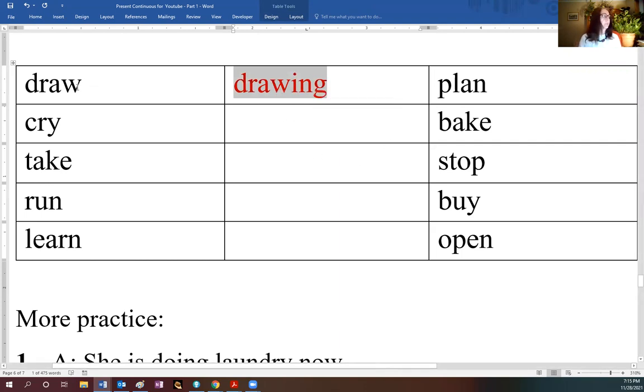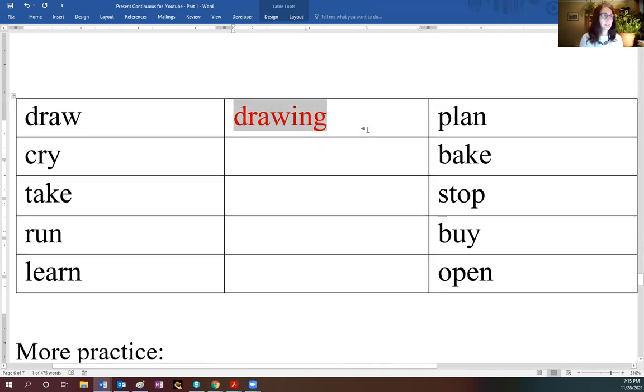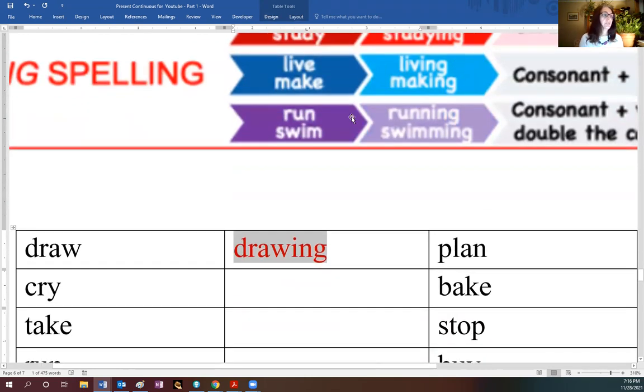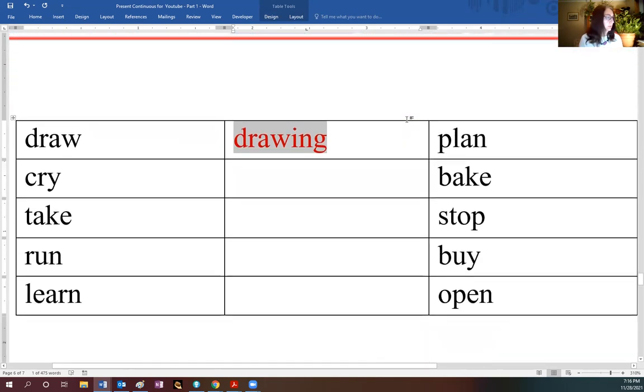Okay, so copy these, pause the video, copy these in your notebook, try adding ing by paying attention to the rules. Sometimes you drop the e, most of the time you drop the e, sorry, and then add only ing. Most of the time it's just ing, but when you have a consonant, vowel, consonant, you double the last consonant.